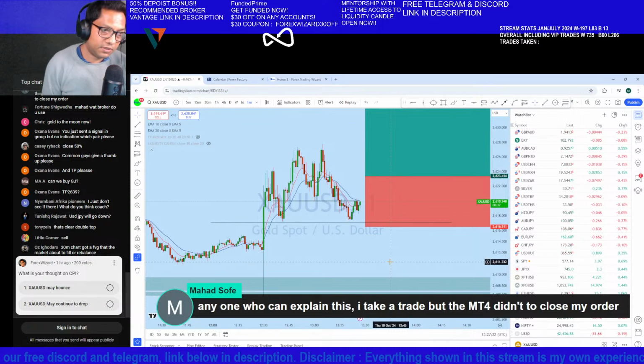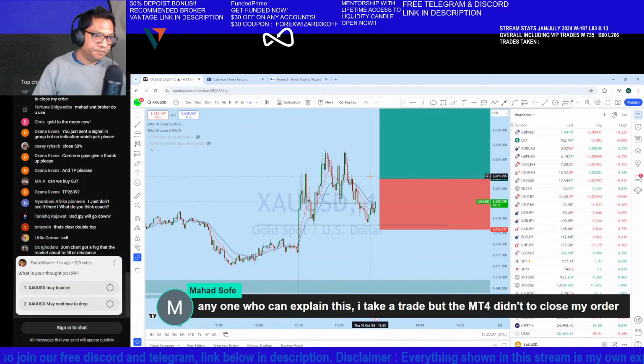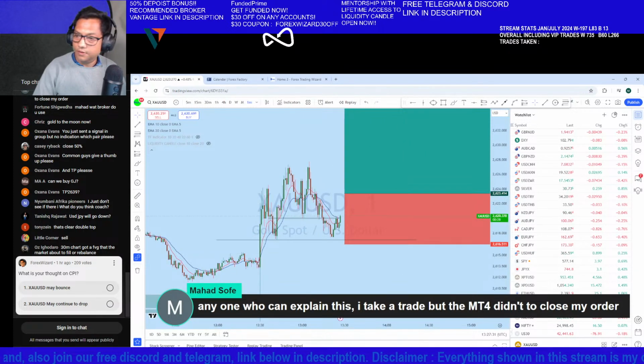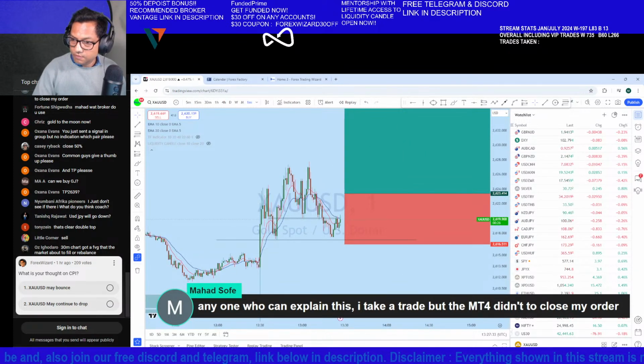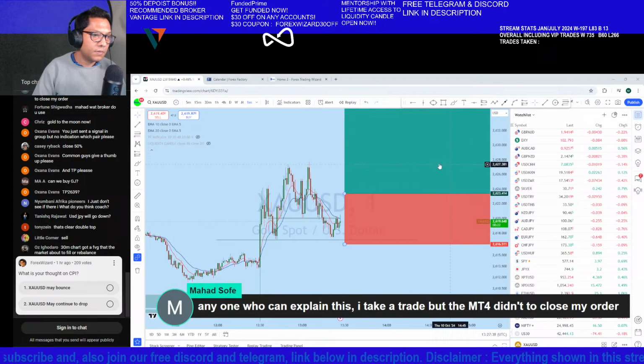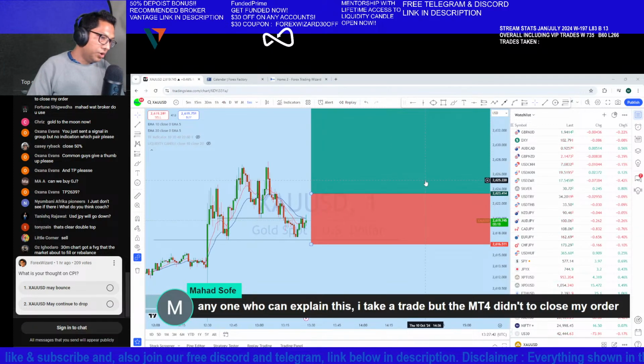Struggling to bounce, but we see there is a probability as it forms a reversal pattern here. So still holding on to it.